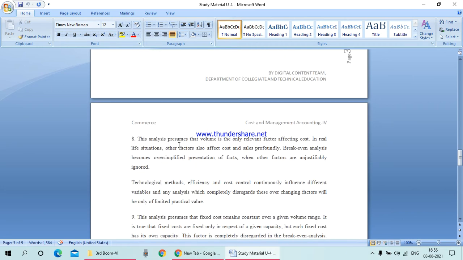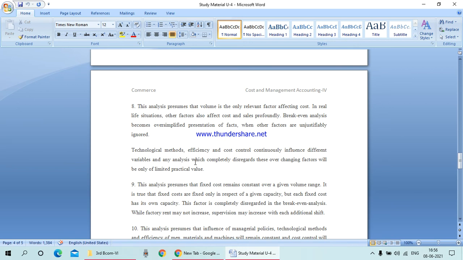Again, this analysis presumes that volume is the only relevant factor affecting cost. In real life situations, other factors also affect cost and sales profoundly. Break-even analysis becomes an oversimplified presentation of facts when other factors are unjustifiably ignored.